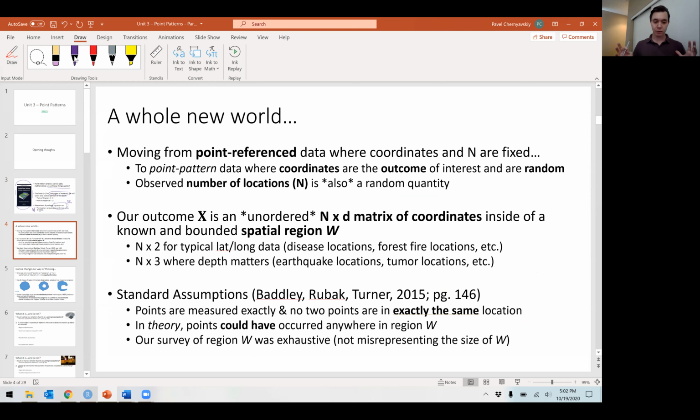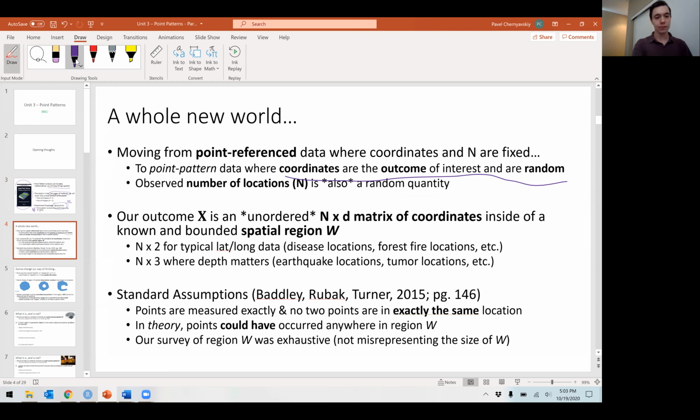So we just finished a unit on geostatistical analysis, point reference data, where the coordinates are fixed. They're known, they're fixed, and what is measured at those coordinates is of interest. So we're moving to where the locations themselves, the coordinates themselves, are of interest.